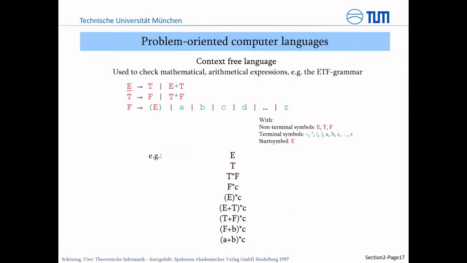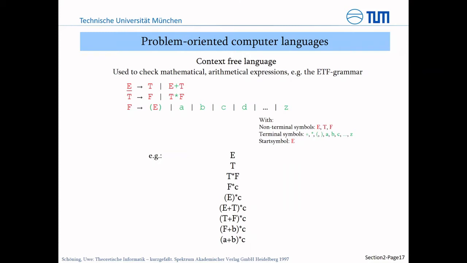So you have to find exactly this sentence, this sequence, and if you find this, then it's accepted. So it's exactly this difference again between the representation, or presentation, and the value or meaning. So if you want to create this parenthesis open a plus b parenthesis close times c, then we have to follow the following steps.